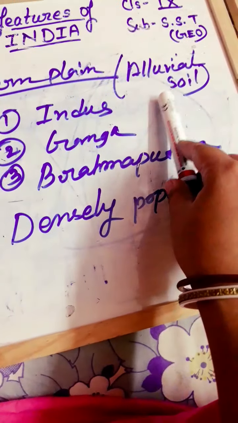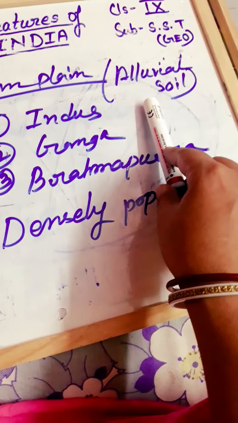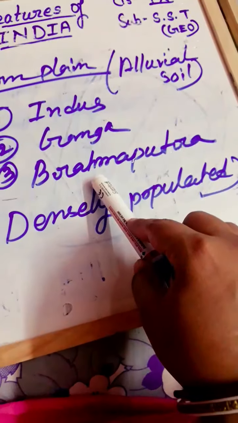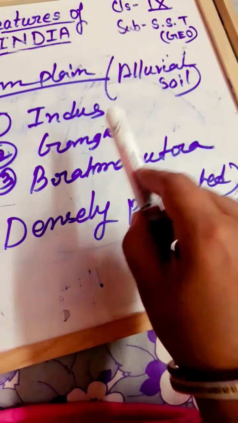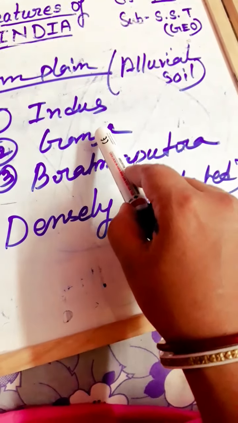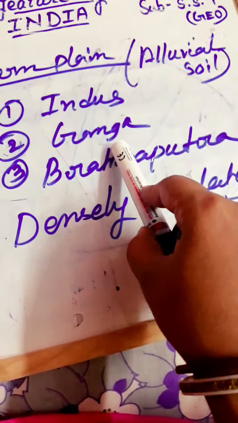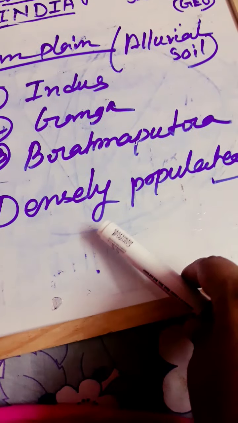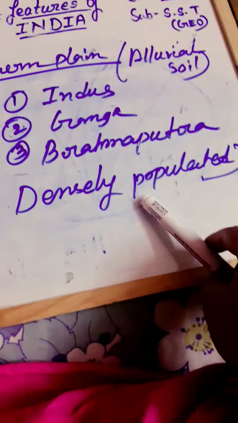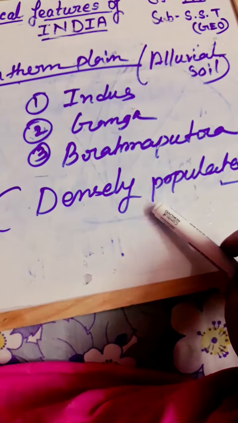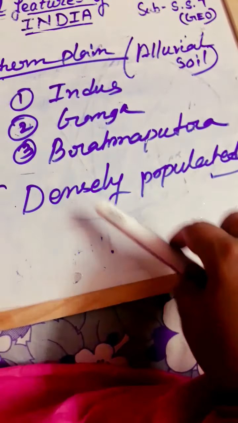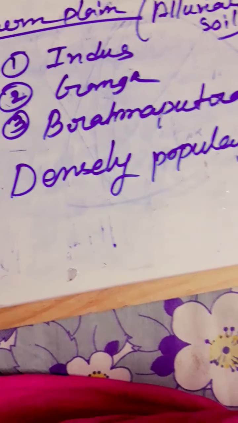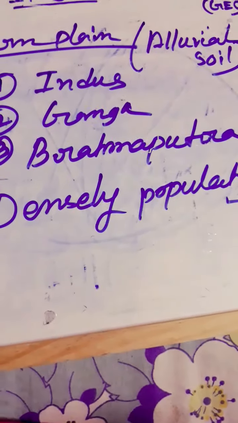In this fertile soil we can easily grow our agricultural needs, and with three major rivers there we also have enough water for use. So that's why this portion is densely populated. I don't know if this is written or not, but this type of question may come: why is the northern plain more densely populated than the Himalayan mountain? Then you have to write like this.